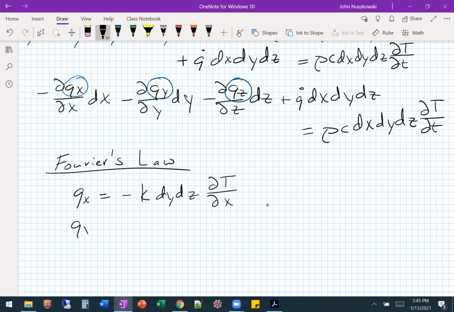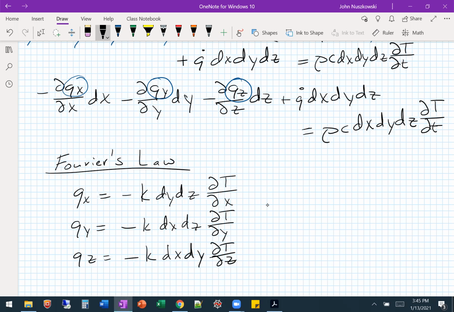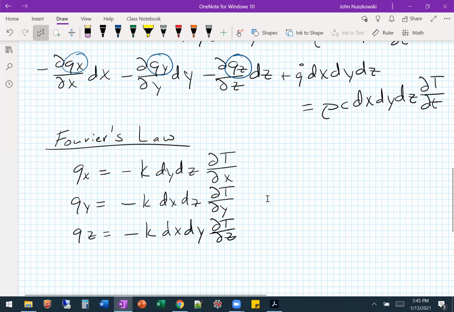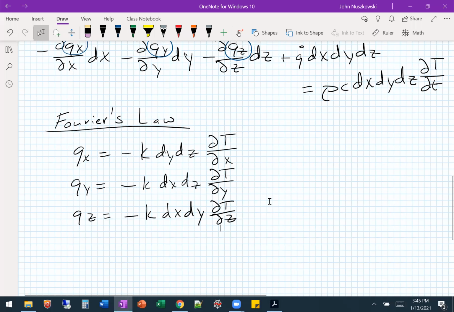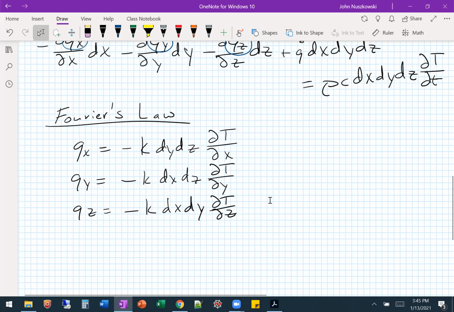And we do the same thing for y and z, but again with a different cross-sectional area. Okay, so now we can substitute because we didn't want to make our equation too small, right? We want to get it back to being a giant equation.